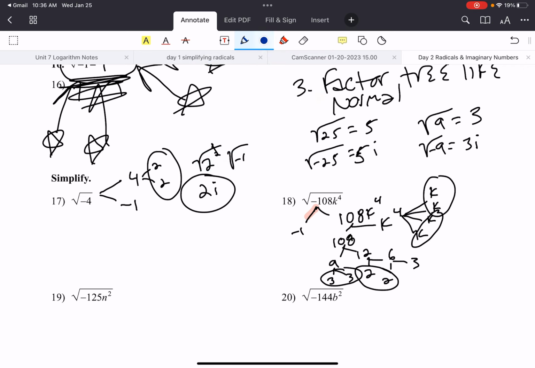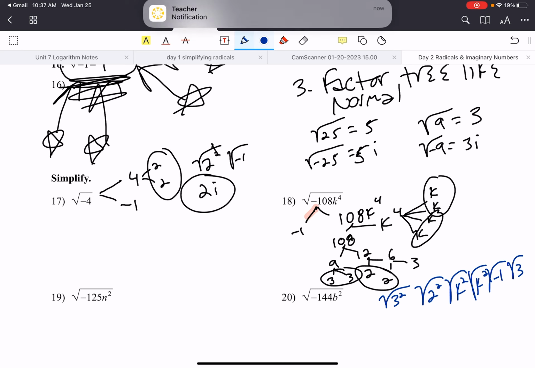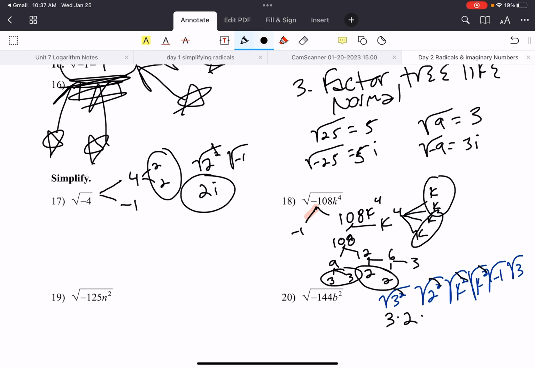So I've got the square root of 3 squared, the square root of 2 squared, square root of k squared, square root of k squared, square root of -1, and then my leftover. So that blue step is the one I'd love if you eventually can skip. So I end up with my group of 3s, my group of 2s, my group of k's, my i, and then my square root 3. So 6k squared i square root 3.